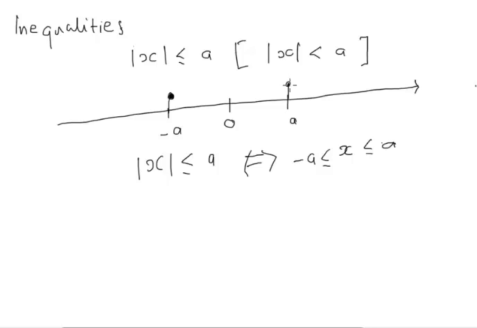Here, do the same thing and say A is included. So I'm talking about all the numbers from minus A to A, and expressed analytically, I express it this way. So that picture of the interval is representing this mathematical expression.